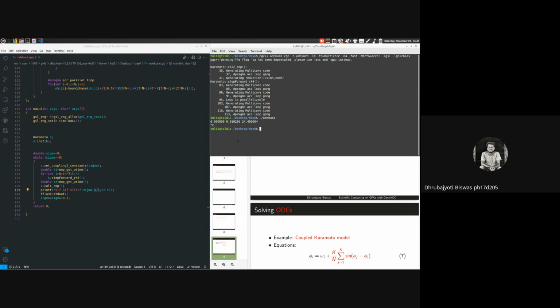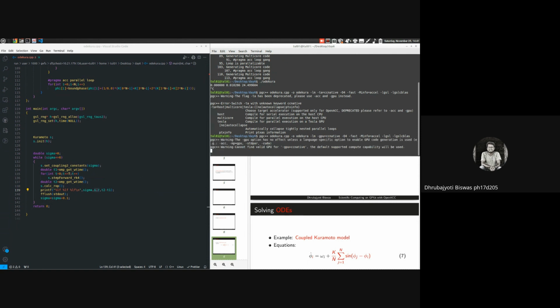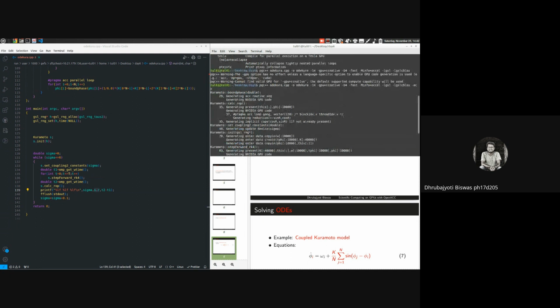Let us execute this on the GPU and you will see how fast it is. Yeah, so this is now the compiler output.